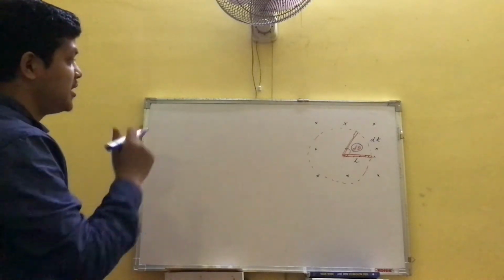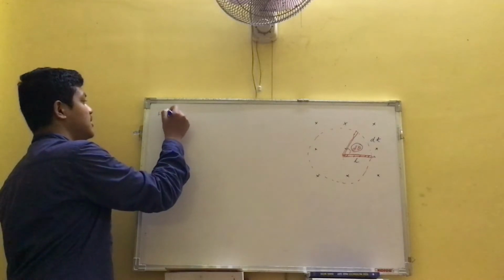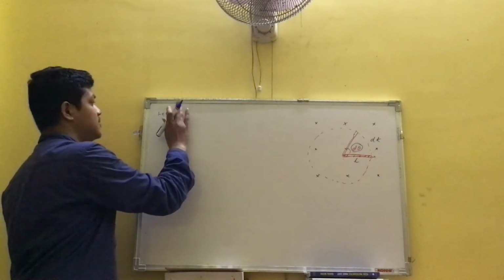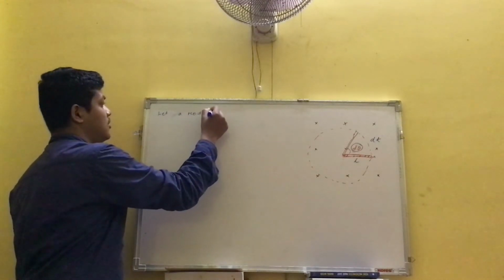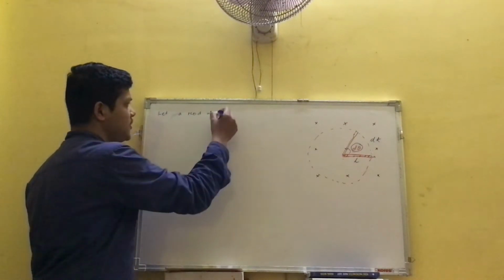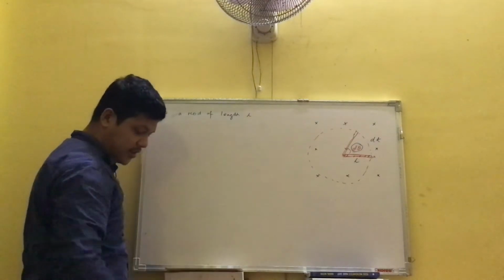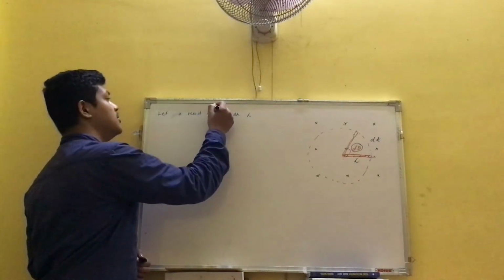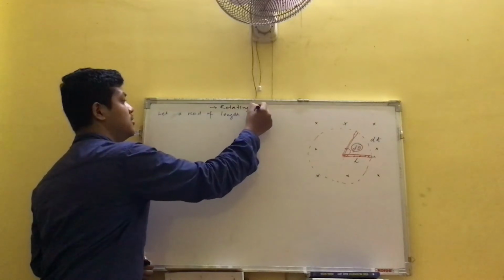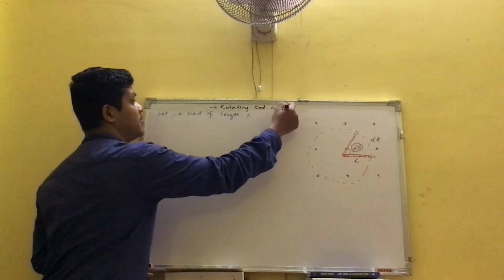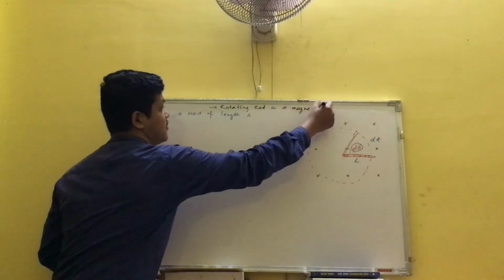Now, what will be its angular velocity? Suppose a rod of length L. So let me write the topic here: rotating rod in a magnetic field.